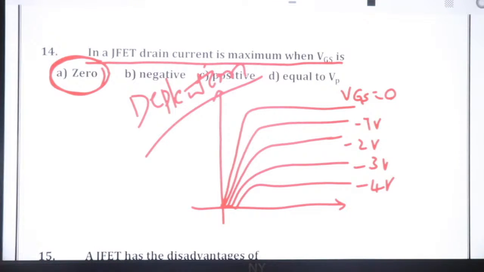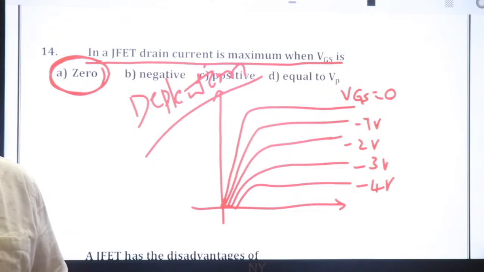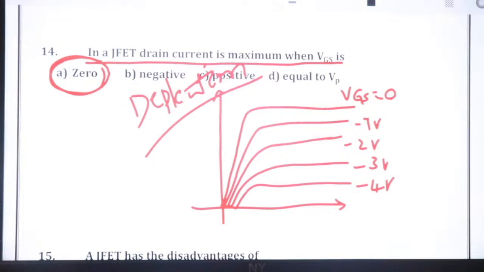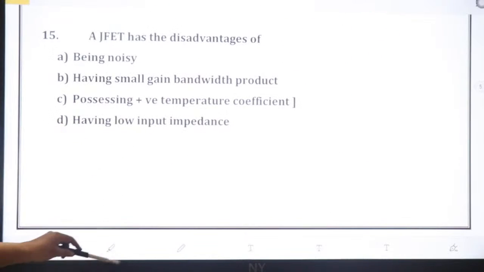Are you okay? Appanagowda has given the correct answer. Ramesh has given the D answer. Naresh. Right, Amma, right. We'll go to the next question.